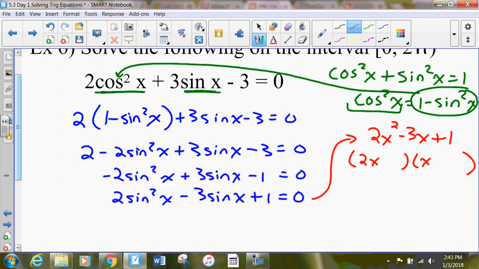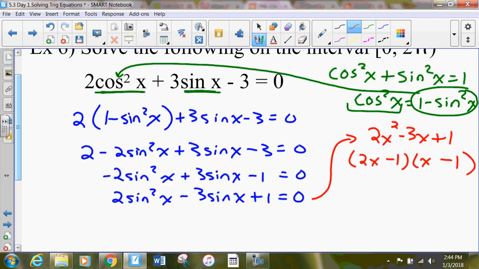All right, so 2x times x gives me my 2x squared. I see a plus 1 and I see a negative 3. That means I'm going to have a negative 1 and a negative 1, right? Because if I do FOIL, my first is right, my second is negative 2x, my third is negative 1x, so that gives me negative 2x minus 1x is negative 3x, and my last one is a positive 1.